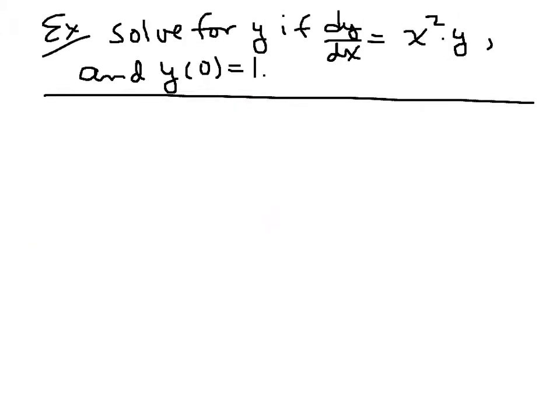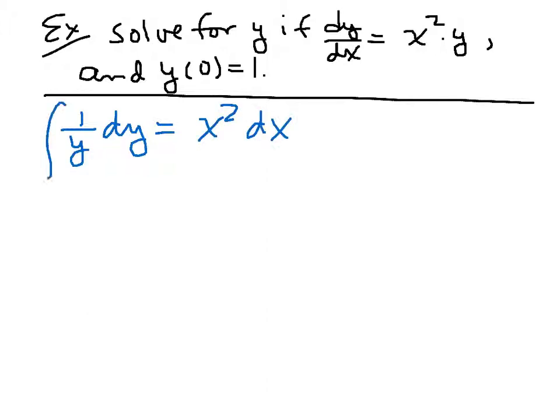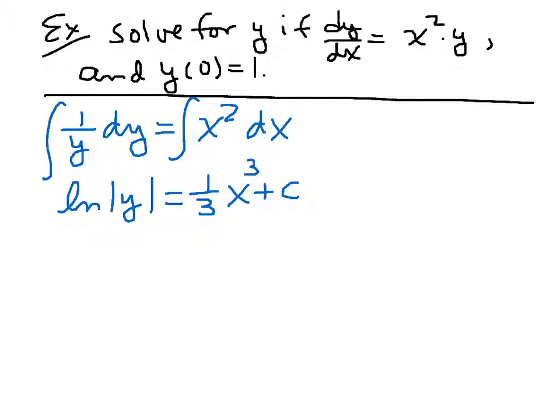Okay, so here's an example of just such a separable differential equation. And so if I separate the x's and the y's, here's what we're looking at. Okay, and then all I'm going to do is integrate both sides, and what that gives me is the ln of y is equal to 1/3 x cubed plus a constant.